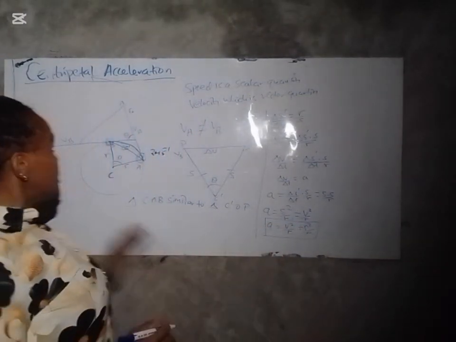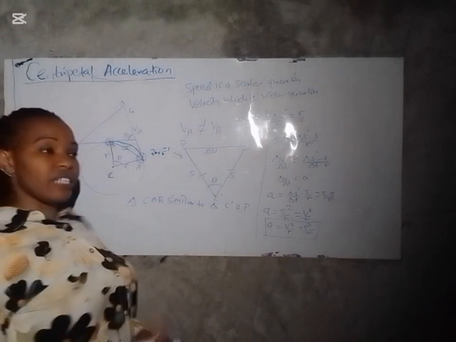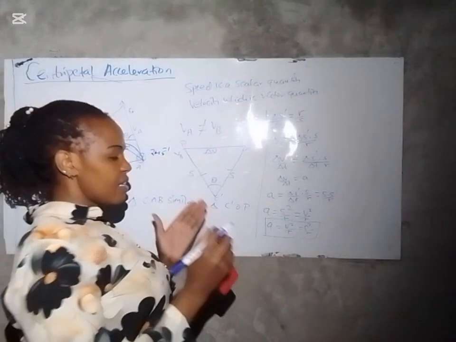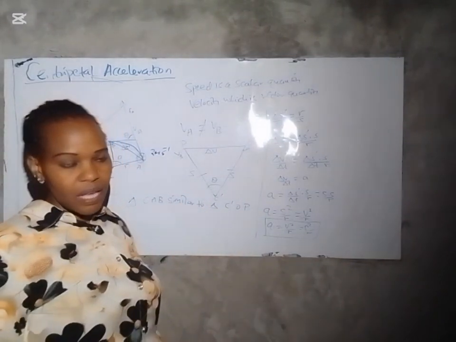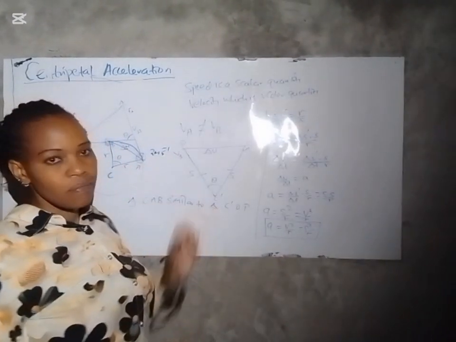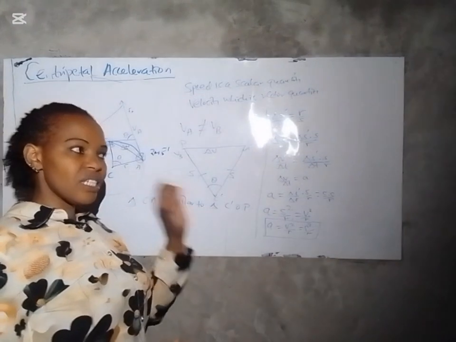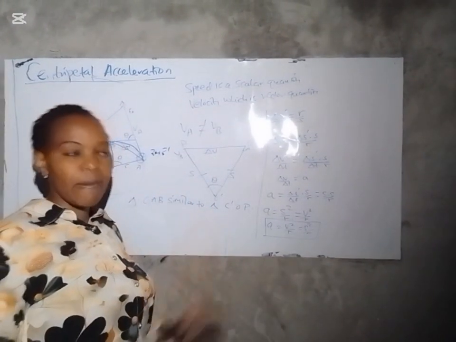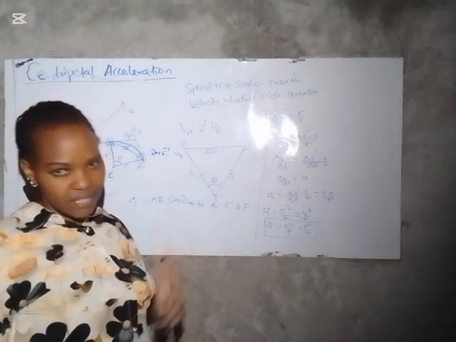Okay, so a body moving around a circular path accelerates. Yes, it's true, the speed might not change, but the fact that the direction changes means that that body is accelerating, even though the speed along the circular path is constant. That's number one.